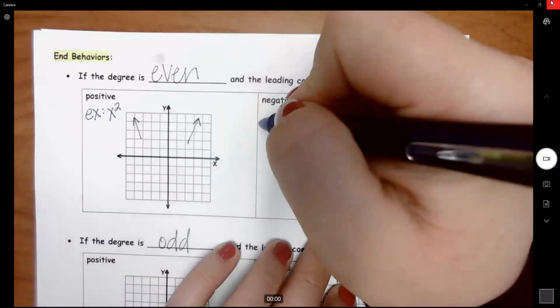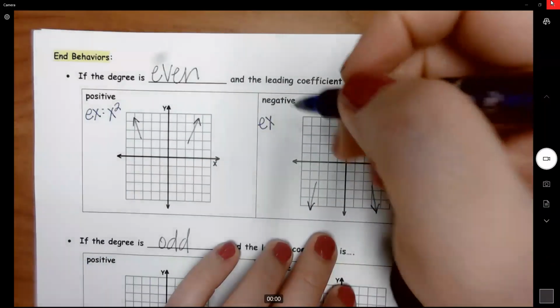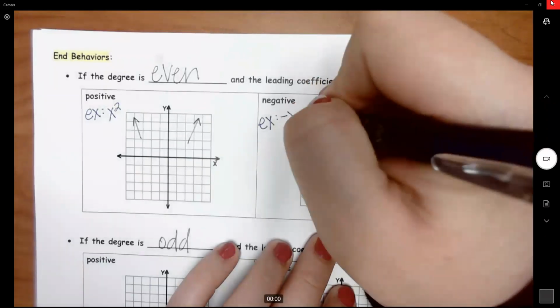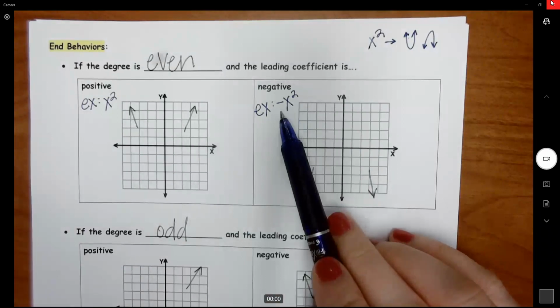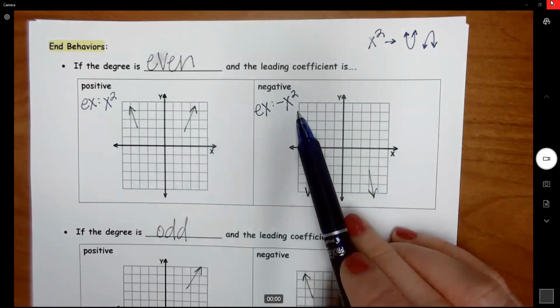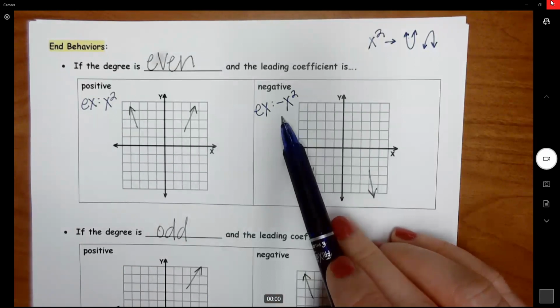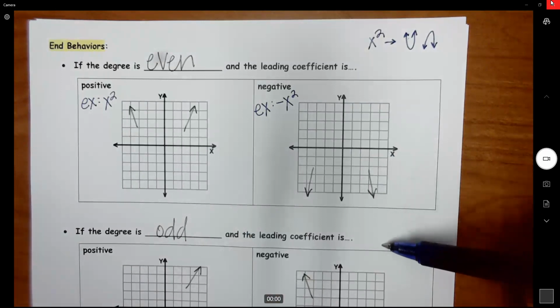It's going to go down when that leading coefficient is negative. So for example, negative x squared: when you put in 1, that's negative 1. When you put in 2, that's negative 4. When you put in 3, that's negative 9. When you put in 4, it's negative 16. These numbers are going to keep getting smaller and smaller and go forever down.